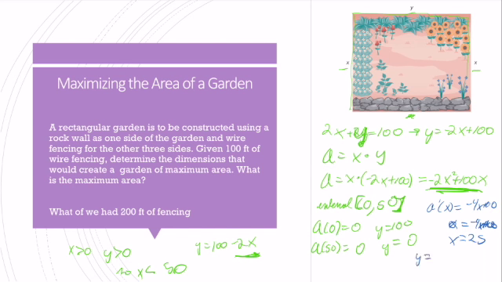So when x is 25, y is 50. So in order to maximize our garden, the dimensions are going to be 25 by 50. So our area would be 25 times 50, which is 1,250 square feet. So that would be our maximized area of our rectangular garden.